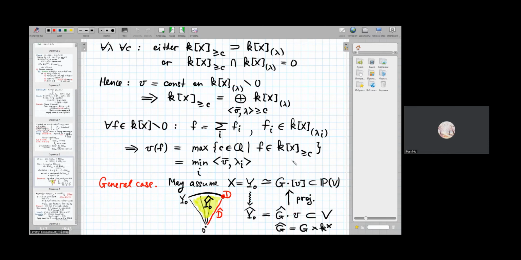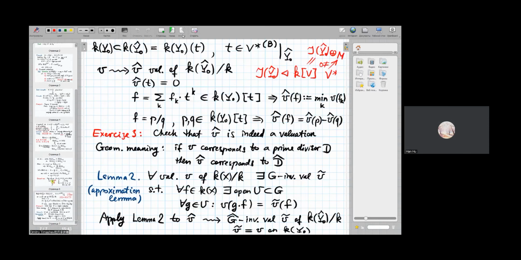Professor, I have a question about the last page. Here lemma 2 says that there exists an open subset U of G, and for all g in U we have this inequality.